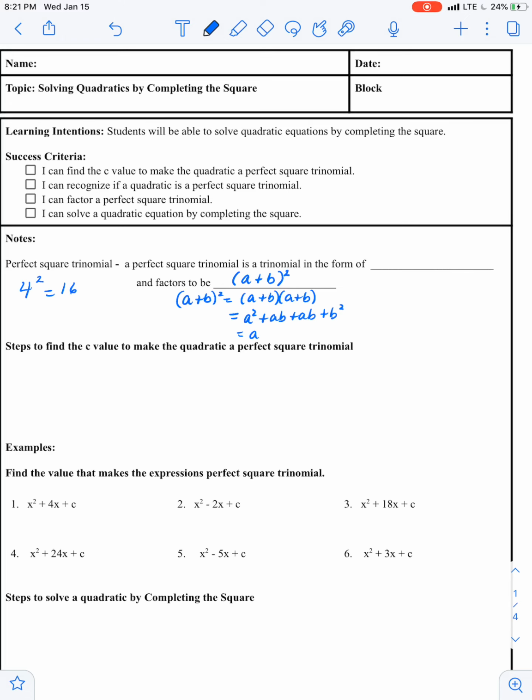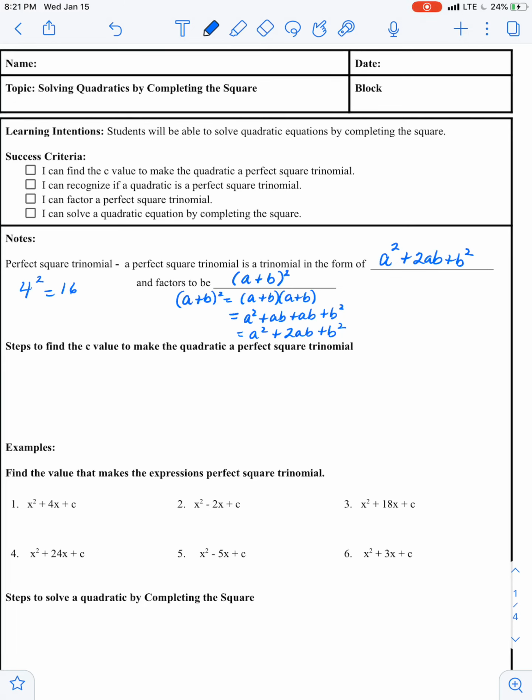And then when I simplify it, what I get is a squared plus 2 times a times b plus b squared. So that is actually what a perfect square trinomial's form looks like.